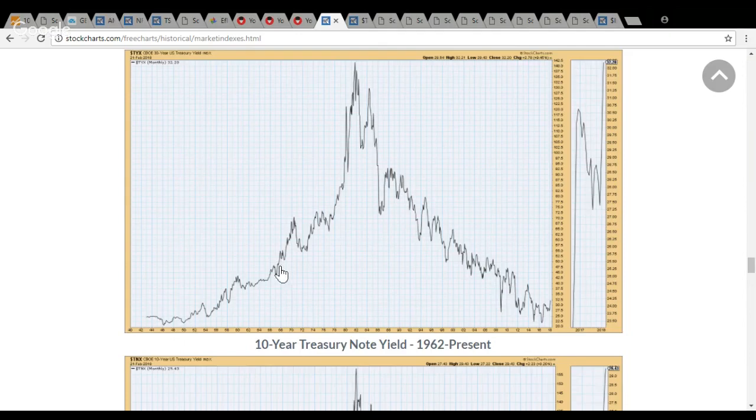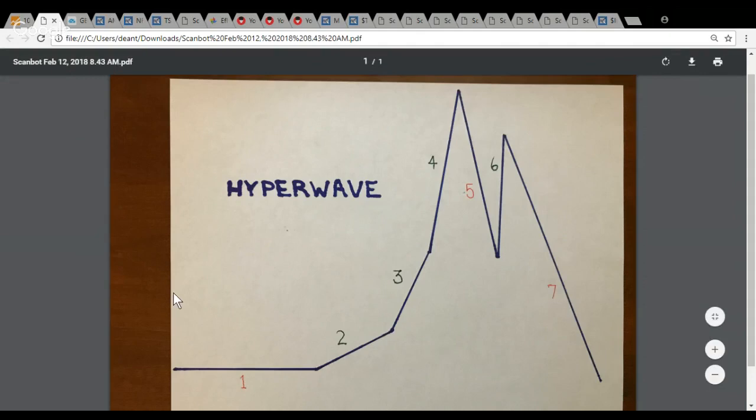So a hyperwave, depending on what it means for the world financial situation, can vary in length. The more impact it has, the longer it can take place. But in no instance can you have a hyperwave in a 1-year period, ever.